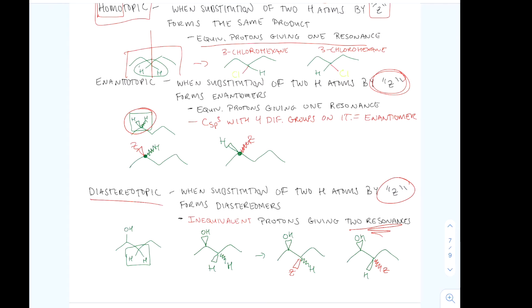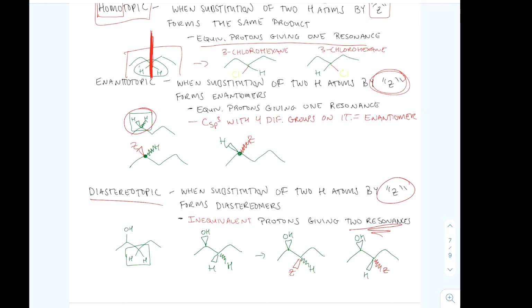Okay, now here's the thing. Before, when I was discussing homotopic, I mentioned the fact that if we were to slice the CH2 or the molecule in half through that CH2 bond, if it is a plane of symmetry, meaning we get the same thing on the left as on the right, then those 2 hydrogens are going to be equivalent.